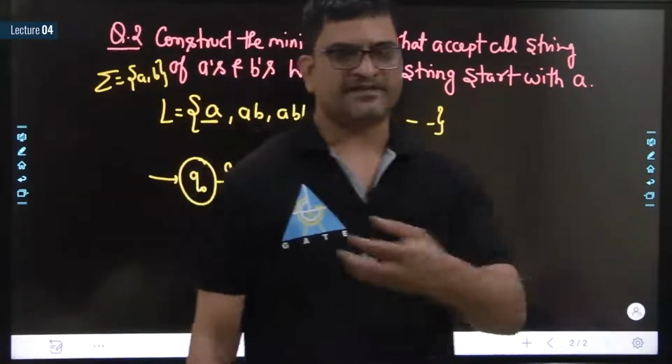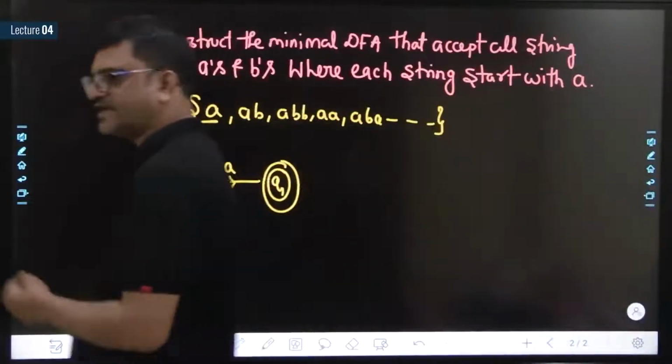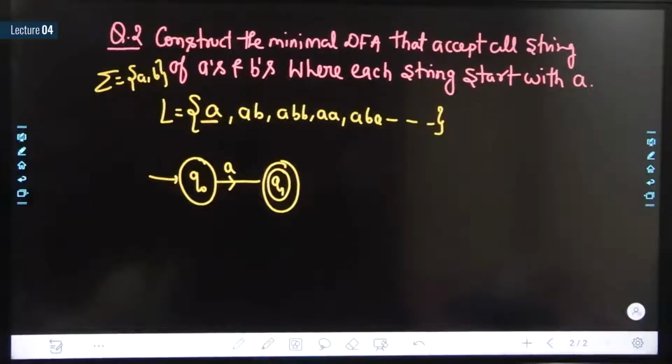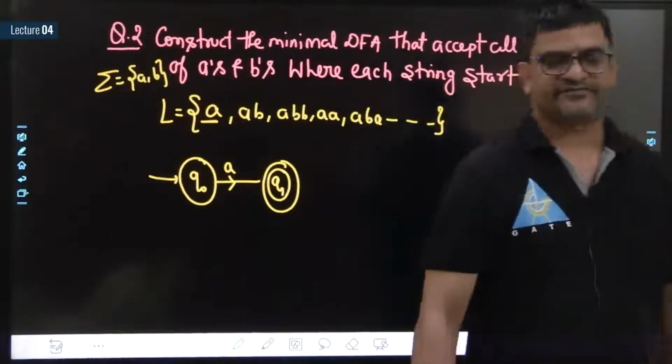Now make this skeleton into a DFA. What is a DFA? Each and every state has exactly one transition on every input symbol.